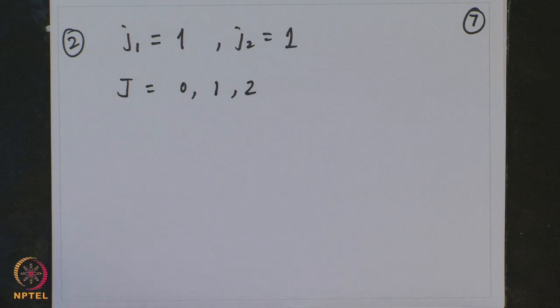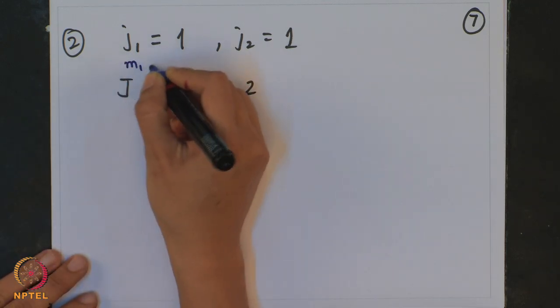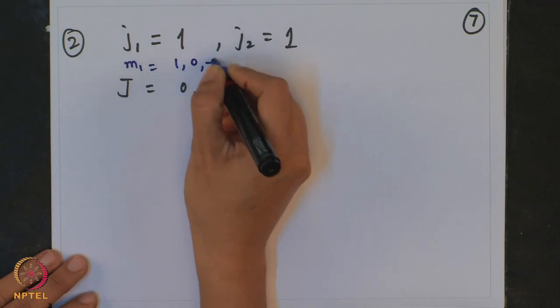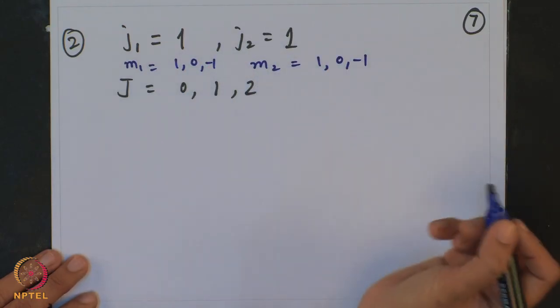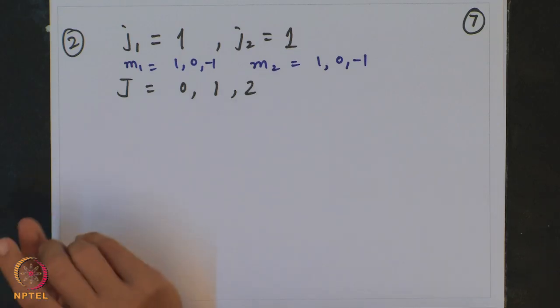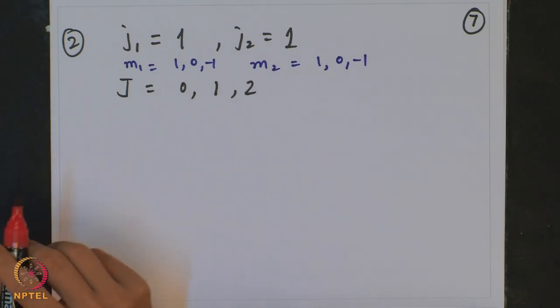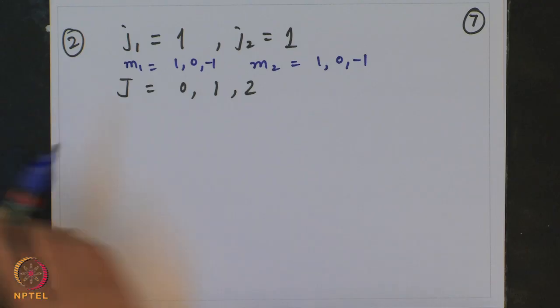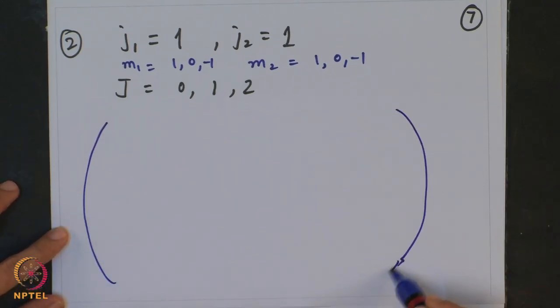And here again you will see how your M1, M2 will be. So, your M1 will take values 1, 0, minus 1, M2 will take values 1, 0, minus 1 and so on. So, you can solve this very neatly, and you can actually obtain a 9 cross 9 matrix.